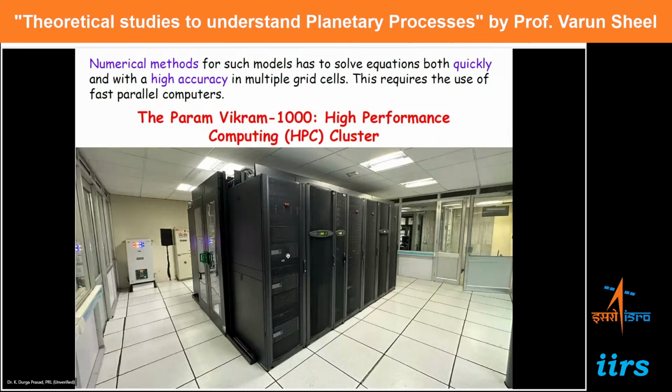You develop numerical methods to develop such models, and if you want to solve both quickly and with high accuracy, then we need facilities like a supercomputer, a high performance computing cluster. This is an example of Param Vikram 1000, which we have at PRL. Such complex models need computing facilities like this to solve them and to have a global picture.